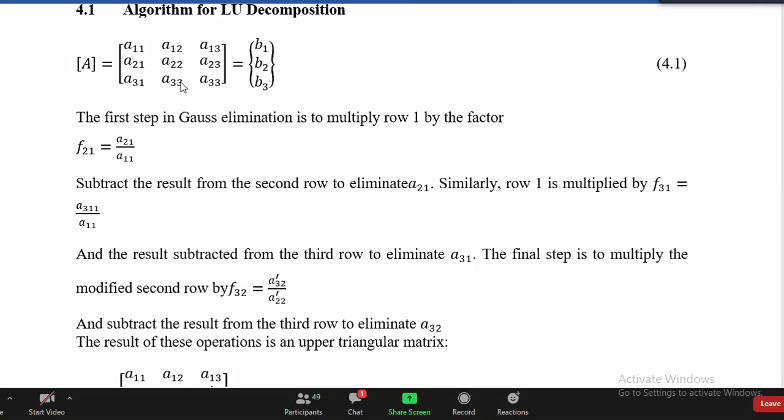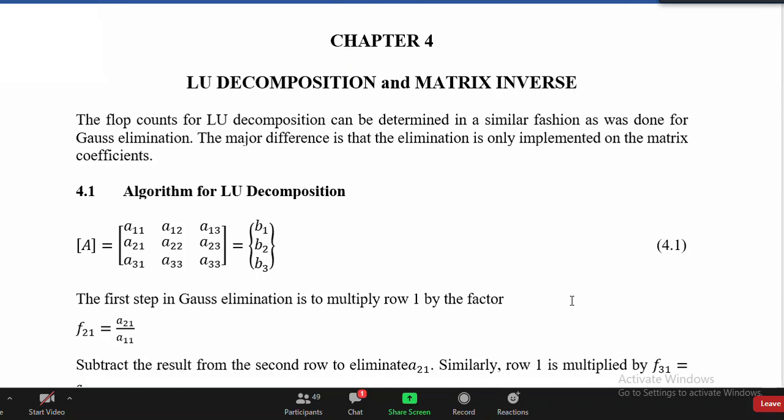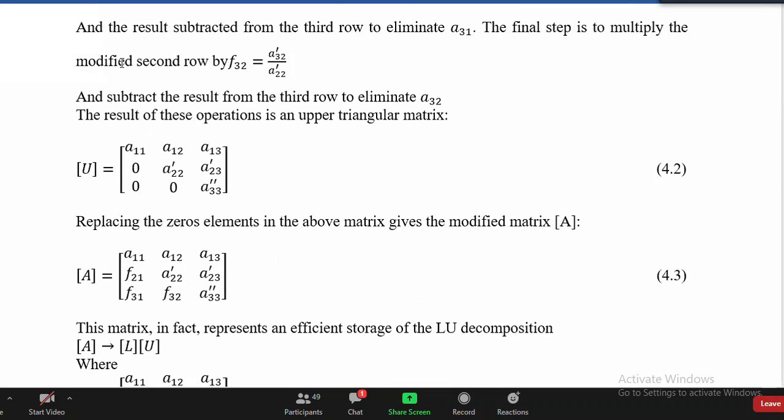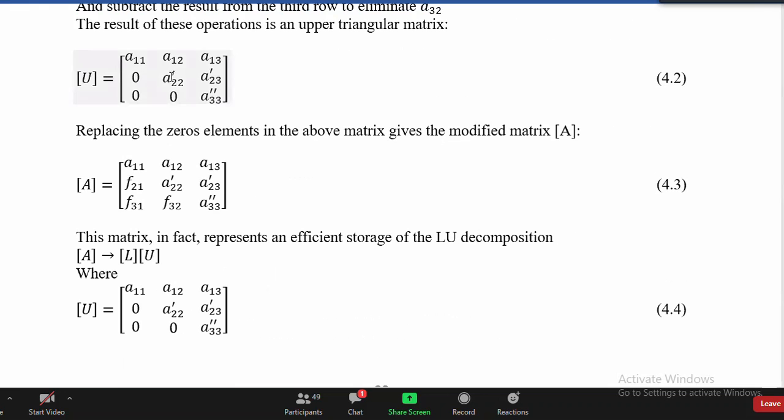Please correct this thing. This is A32, this is A33. I hope we corrected it last time. So this will be A22 prime. And when we do that, we'll have this. See what we have, upper triangular matrix.